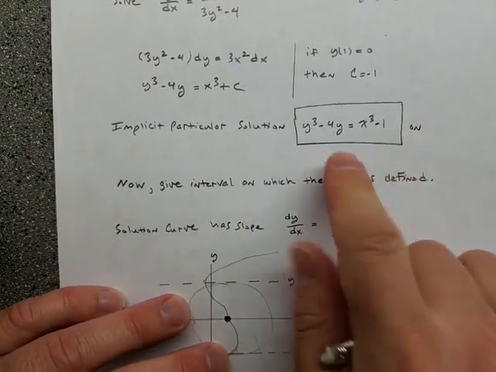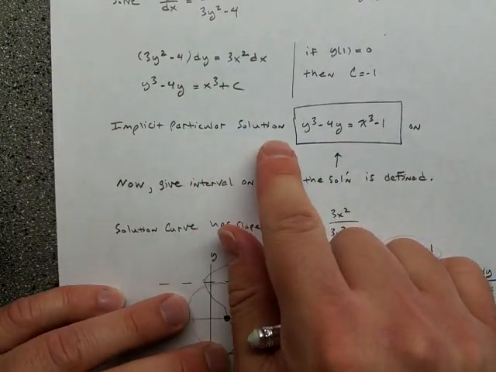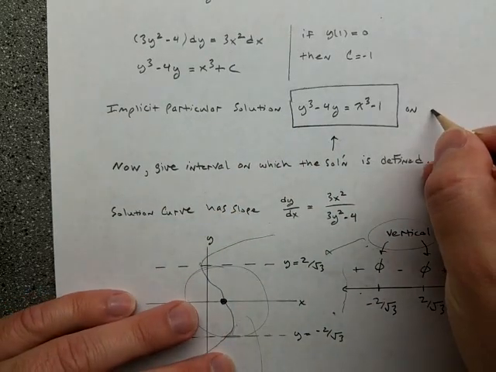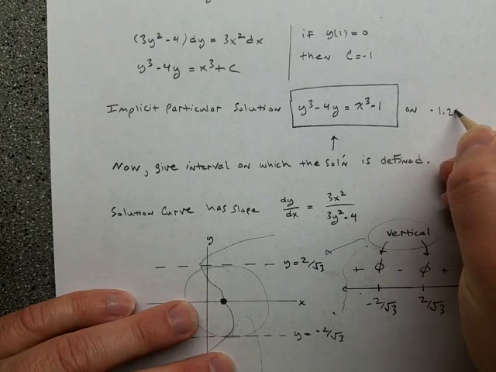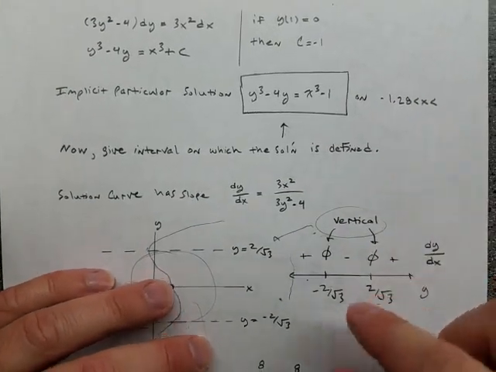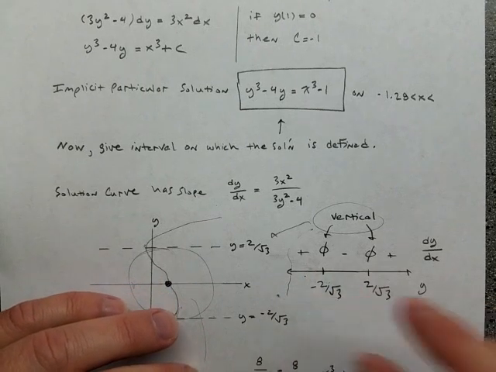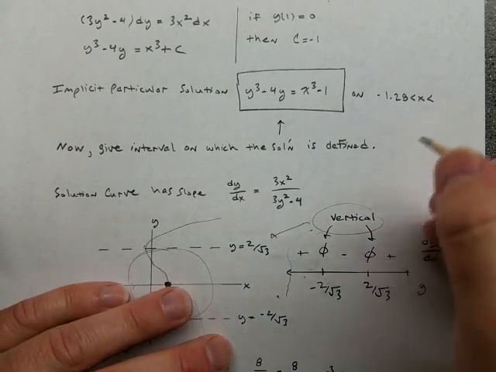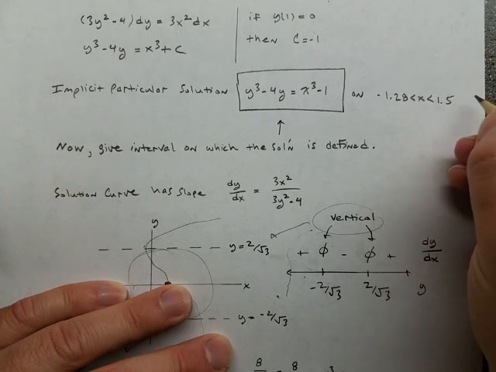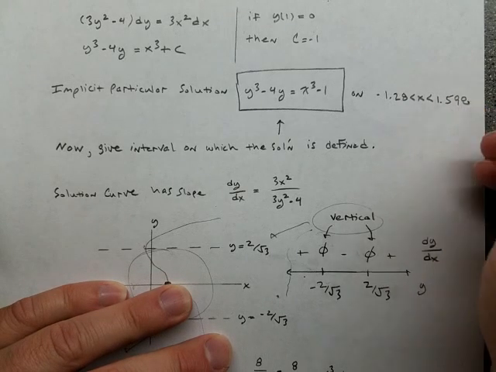And here's what you'll get, all right? We'll say, here's my implicit particular solution, and you want to keep it on the interval negative 1.28 less than x, less than, and that number that you're going to get from the other one is about 1.598.